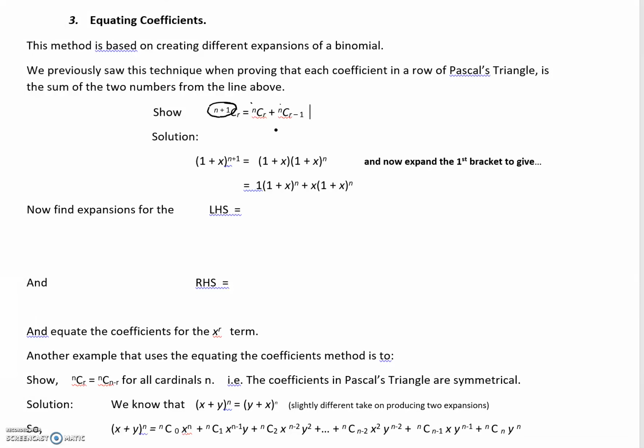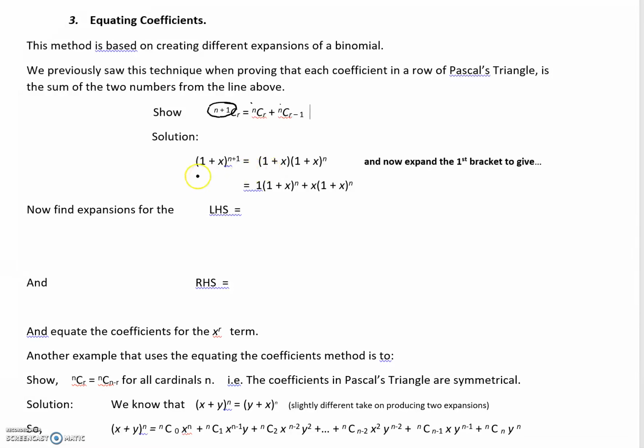I've actually done part of the solution here. So in looking at 1 plus x to the n plus 1, which we would do because we now know if we're going to have n plus 1 CR, then that coefficient must have come from an expansion of 1 plus x to the n plus 1, and obviously with a substitution for x.